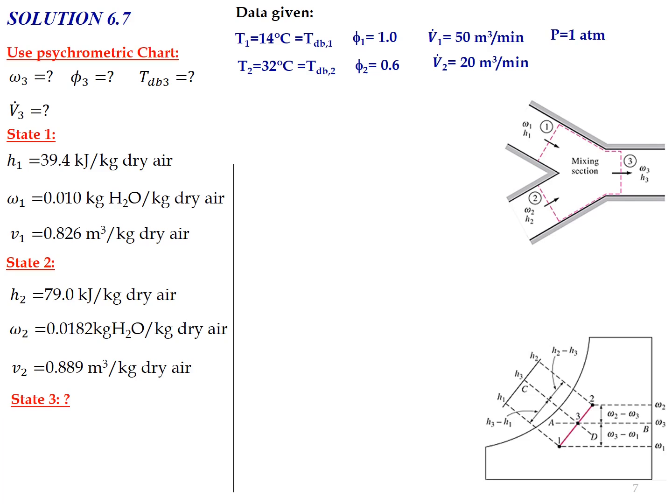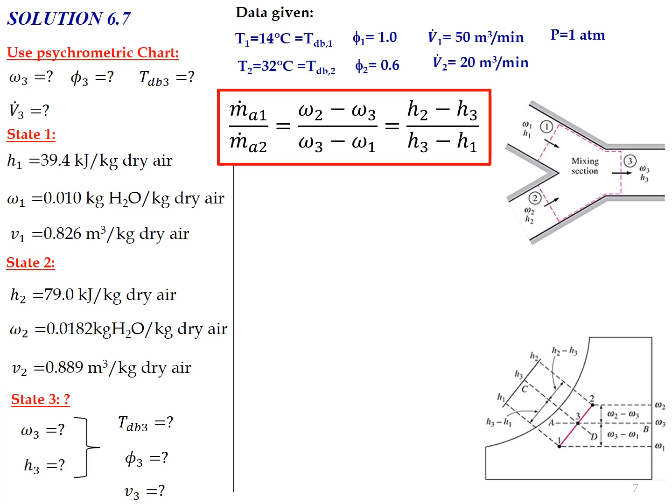For state number 3, we do not know the data yet, so we need to find another value in order to obtain the intersection point on the psychrometric chart. For state number 3, we need to determine omega 3 and H3. From these values, we can determine the dry bulb temperature TDB3, relative humidity psi 3, and also the specific volume for state number 3 before we determine the volume flow rate for the mixture.